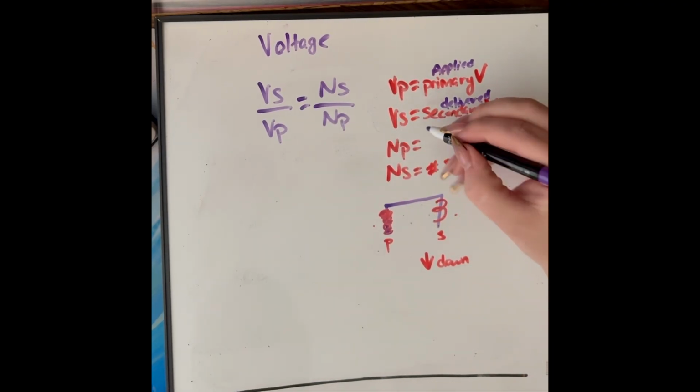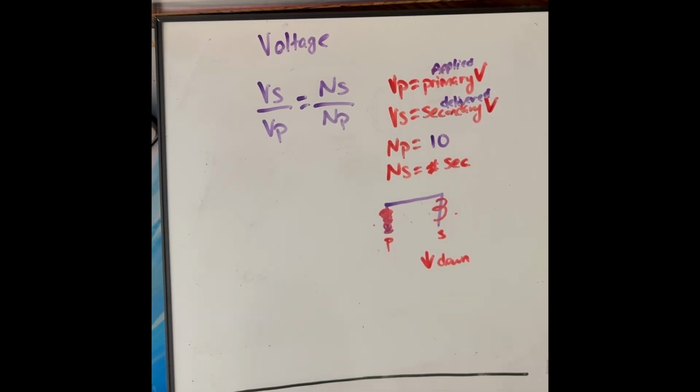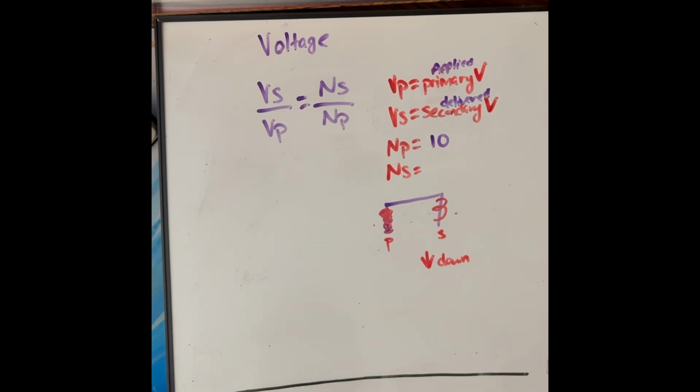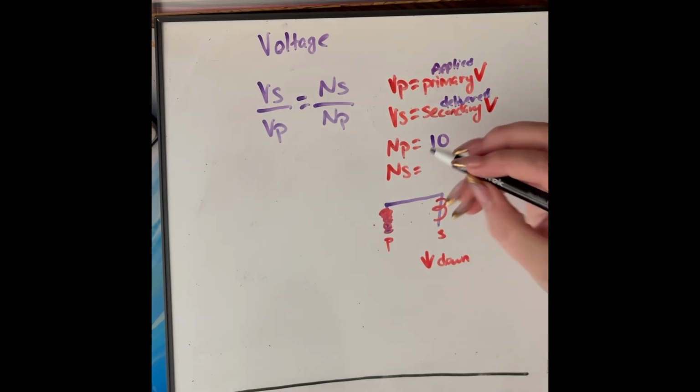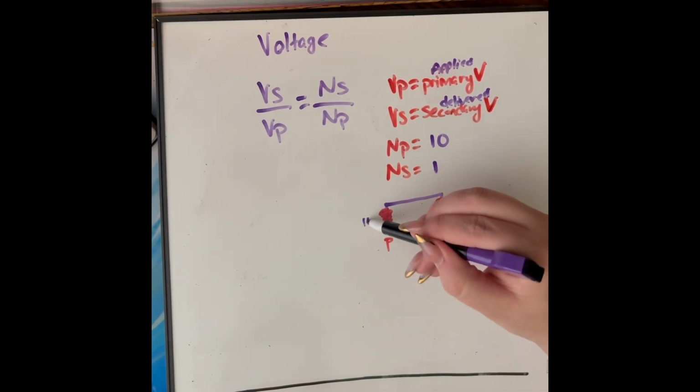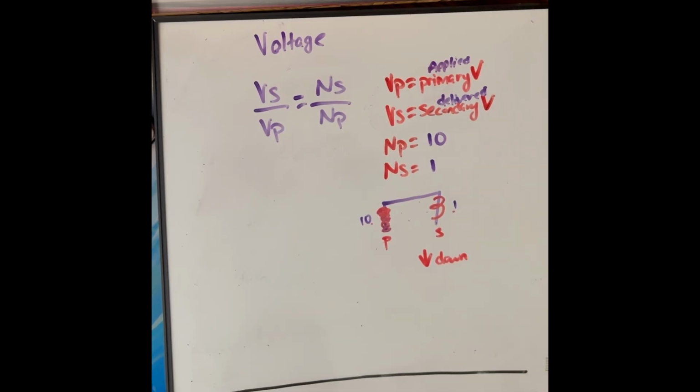So our NP is going to be 10. If it doesn't actually give you a number, it would just be 1. You can say 10 times as many, 20 times as many, or it could have said there are 10 windings on the primary side and 1 winding on the secondary side. So if I drew this out, it would look like 10 and 1 for my windings. If my windings are going down, I should expect my voltage to be less than we started with.